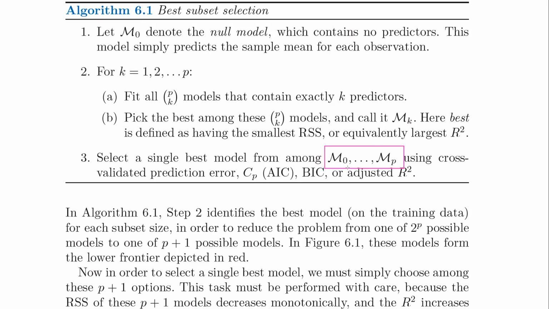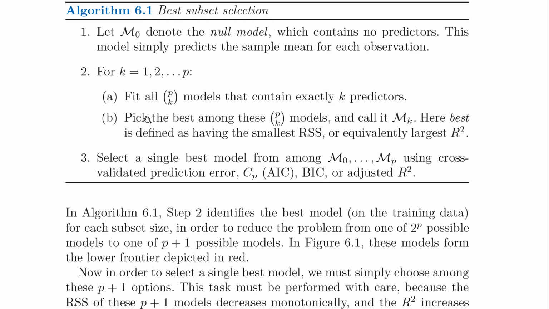There'll be M0 with no predictor variables. M1, it is the best model with a single predictor variable. M2, the same thing until Mp. Of course, Mp is just least squares. Mp is all the predictor variables.